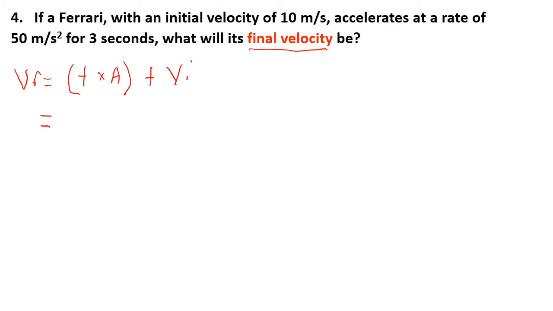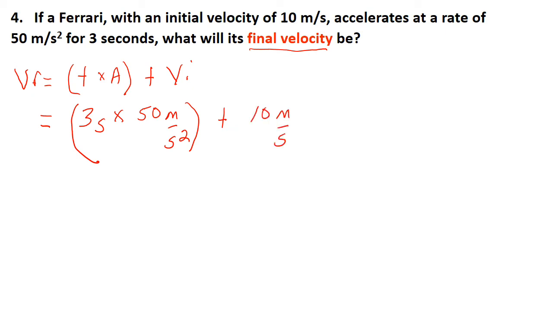When I start plugging in my information, the time that it takes to change is 3 seconds times the acceleration of 50 meters per second squared, in parentheses, plus the initial velocity of 10 meters per second.